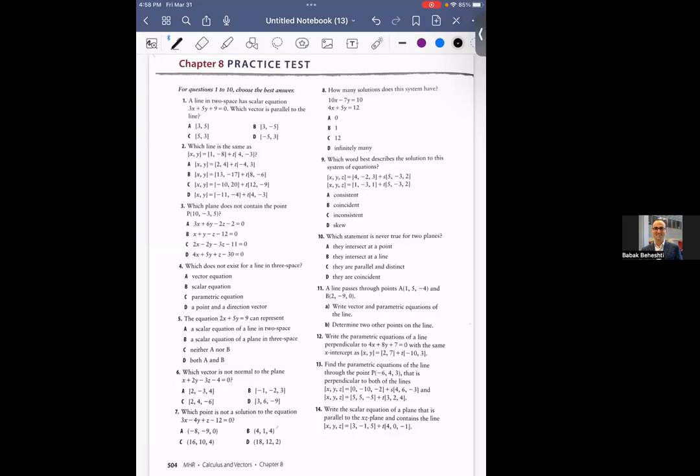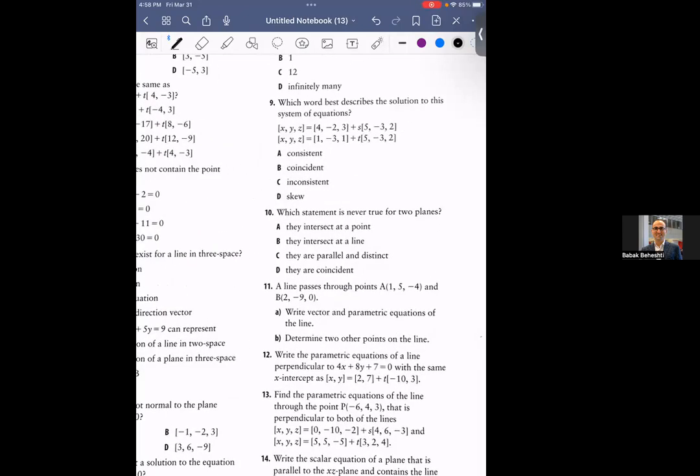If you look at question 11, you want to write the equation of a line that passes through 2 points, A and B. In order to write the equation, we need a point and the direction vector.